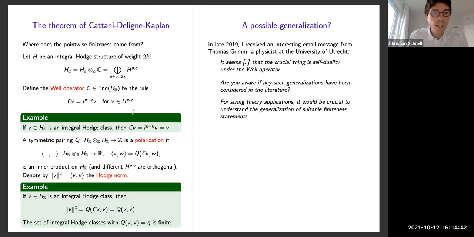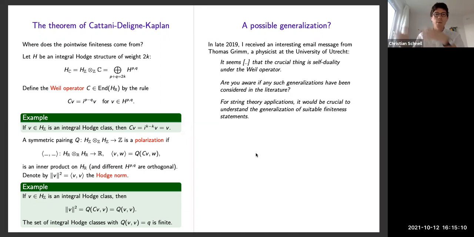And I looked at the Cattani-Deligne-Kaplan paper, and it seems to me that even though they use Hodge classes a lot, maybe the whole thing should actually work for these self-dual classes. And he asked whether I am aware if any generalizations of this type have been considered in the literature. And he also said that for his purposes, which are some string theory applications, it would be crucial to understand the generalization of some finiteness statements in Cattani-Deligne-Kaplan.